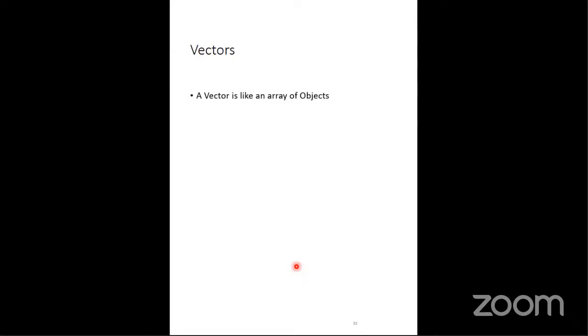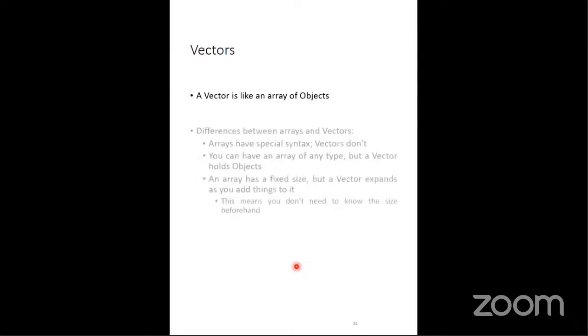A vector is an array which can store objects of that class. Which class? Object class. So a vector is basically an array of objects.